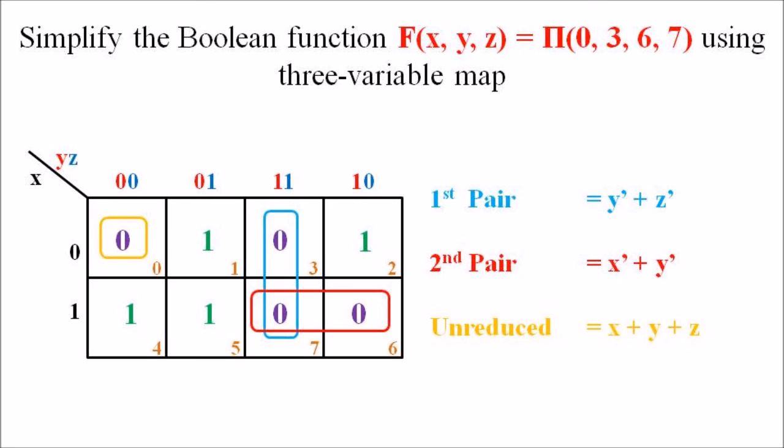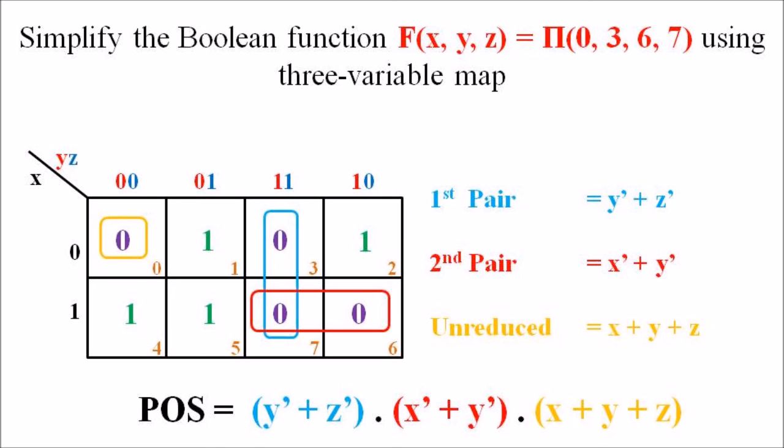So the final POS for this K-map is ANDing all these three individual terms, and thus POS is equal to y dash plus z dash into x dash plus y dash into x plus y plus z.